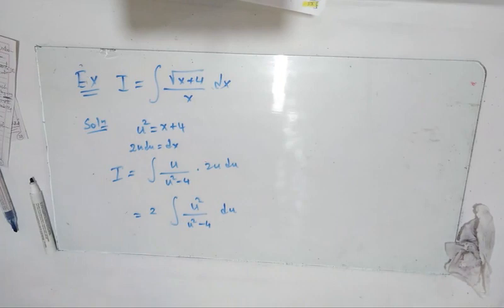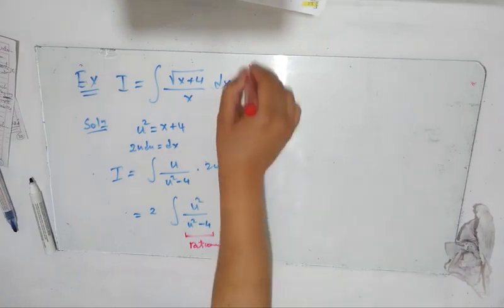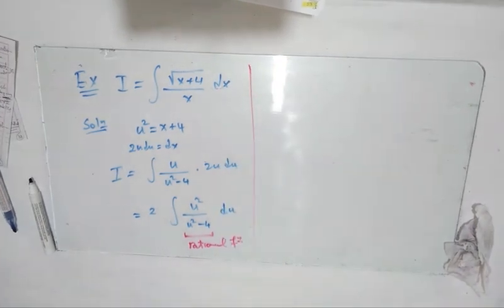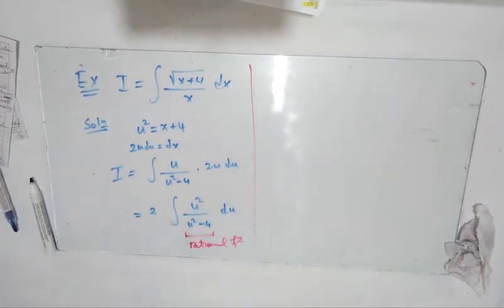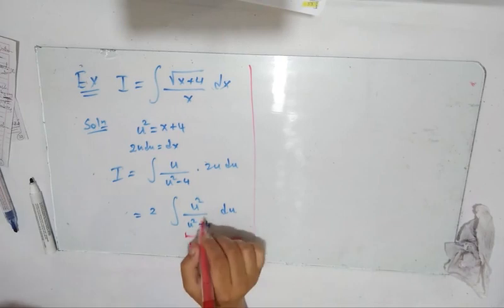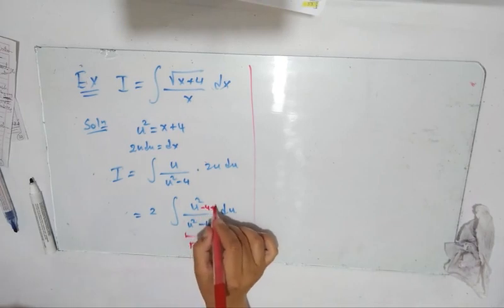which is now a rational function. So easily we can solve it as before. Now the degree of the numerator is the same as the degree of the denominator, so we have to apply long division, or simply you can just subtract 4 and add 4.